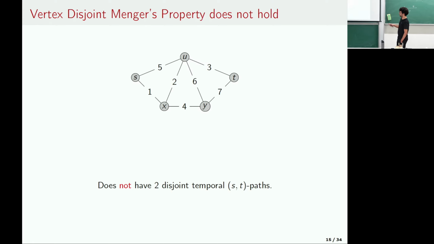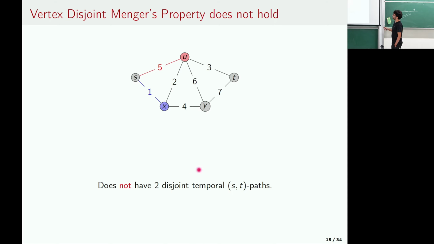Right? This is an example in which it doesn't hold, because here I do not have two disjoint temporal ST paths. This is a classical example. I forgot the author, unfortunately. So, if I want to construct two disjoint temporal paths, I have no choice from S. I have to take both edges because S has degree 2. Right?